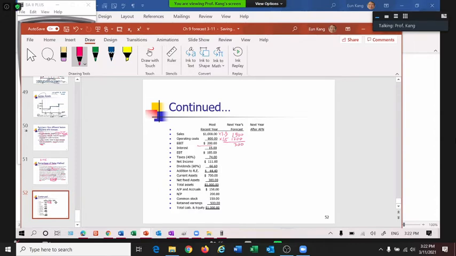So far, so good. But how would you calculate interest given this data? All the data are given.